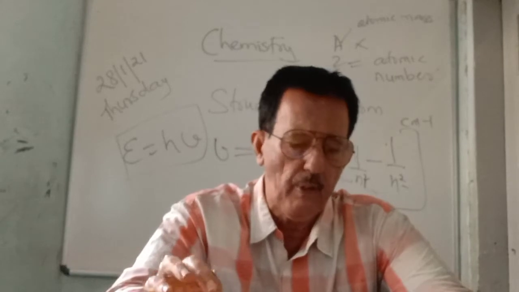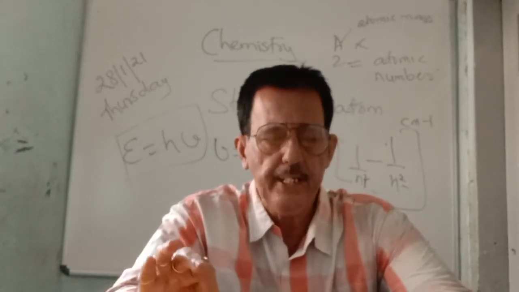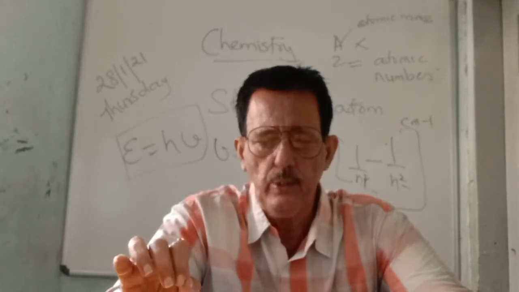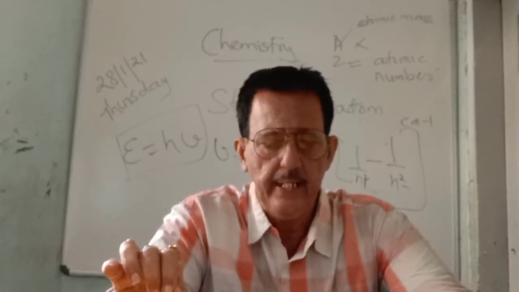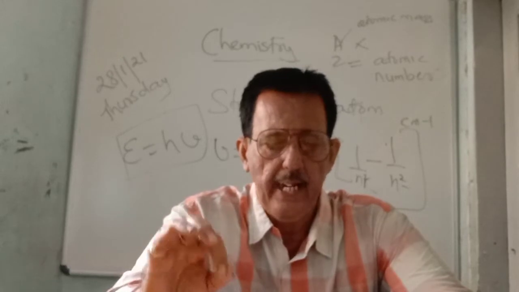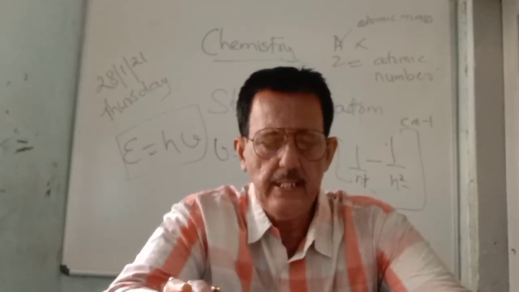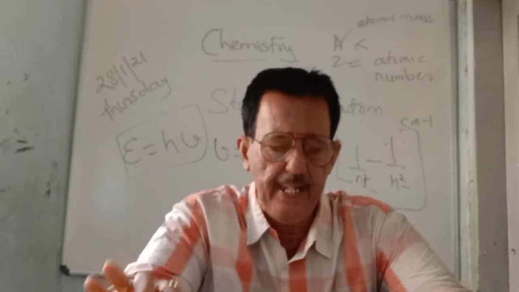Now what is a0? It is 52.9 pm, or a0 is equal to 0.529 Å. That means the radius of the first stationary orbit is 52.9 pm.